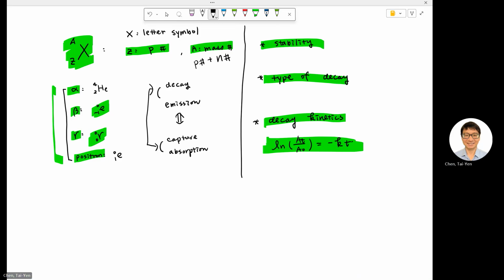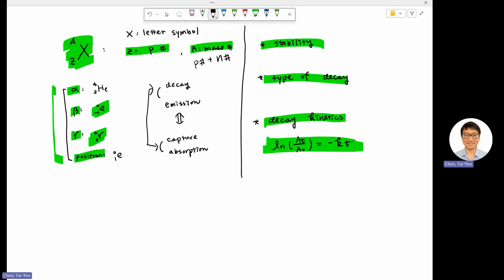Then you should put the beta particle on the product side again. So emission and decay are synonyms. It all means whatever particles are mentioned will show up on your product side. Is that clear?